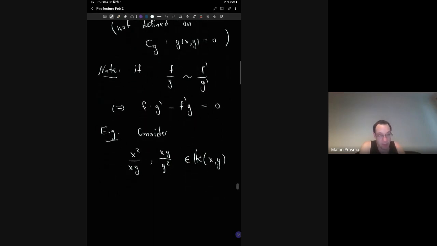I mean, they are equal in k(x,y). But of course, one of them is not defined on the line x equals 0, and the other is not defined on the line y equals 0. So we have a different domain of definition.